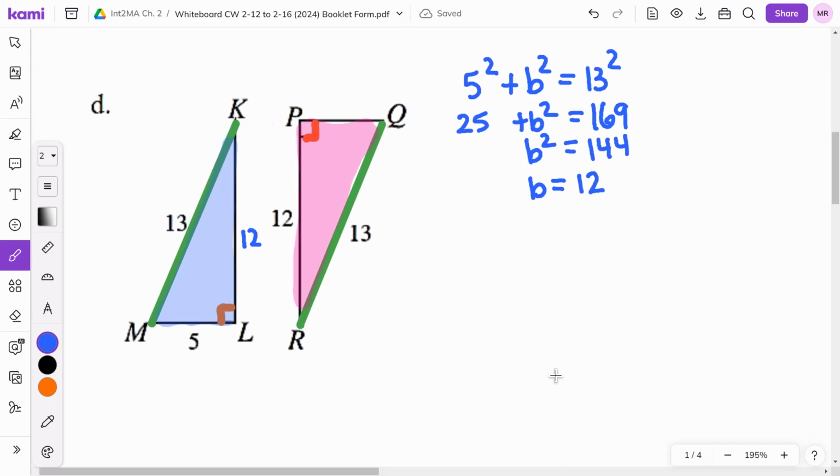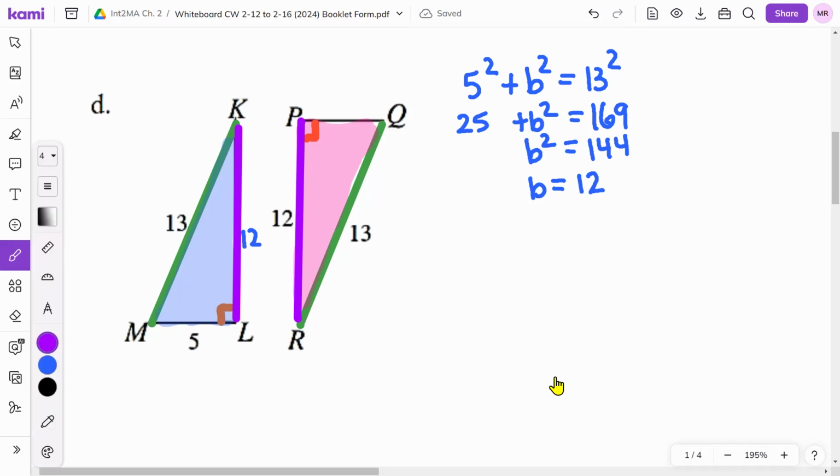So now I have that this side here, this 12, and this 12 are the same. So I have hypotenuse leg. Otherwise, it's side-side-angle, which does not work. But for a right triangle, side-side-angle is hypotenuse leg.